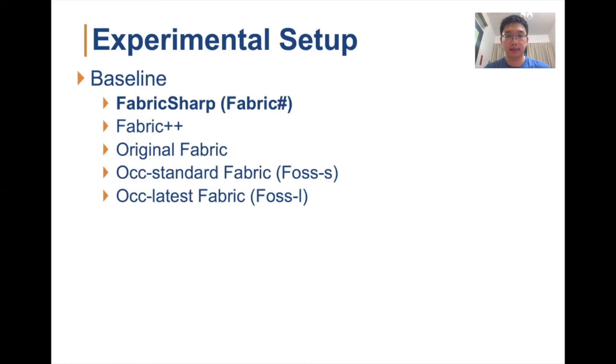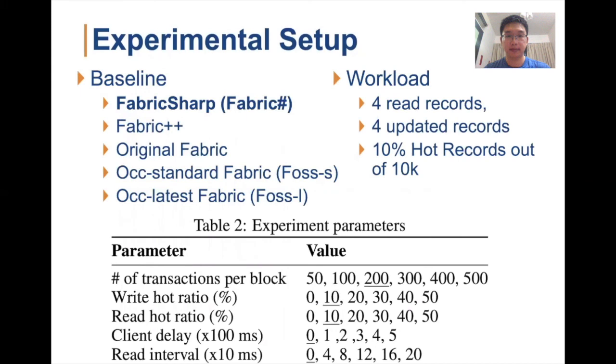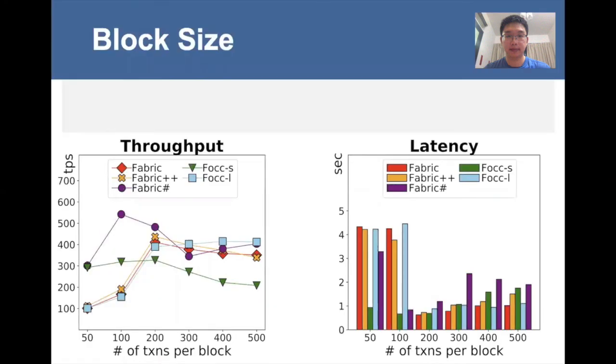Each transaction in a workload reads and writes 4 distinct records, with a configurable ratio to touch 10% hot records. In the first experiment, by varying the block size, we observed that our Fabric Shop achieved the optimum at 100 transactions per block on our testbed, while others are 200 or 400.